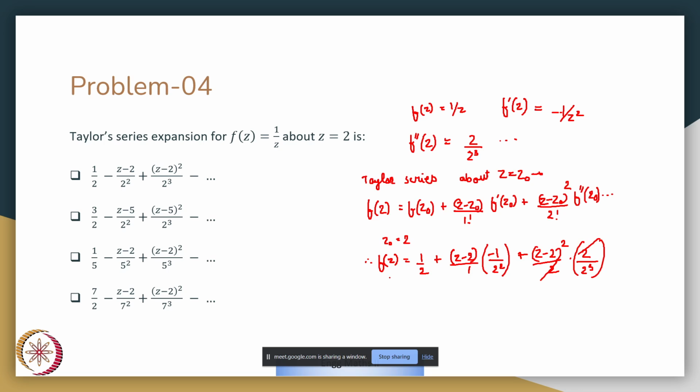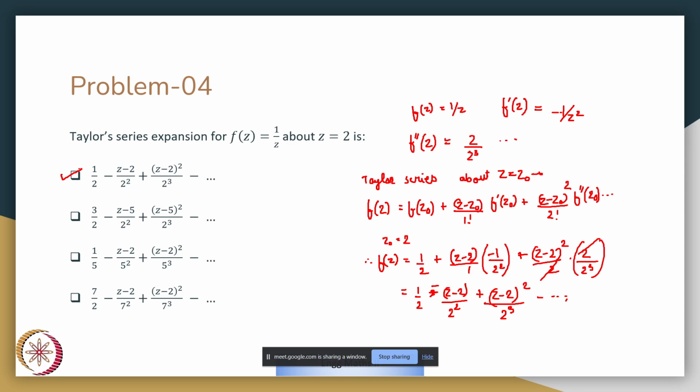These two will cancel out, and we essentially have half minus (z minus 2) by 2 square plus (z minus 2) square by 2 cube, and so on, which if we look to the options is nothing but option A.